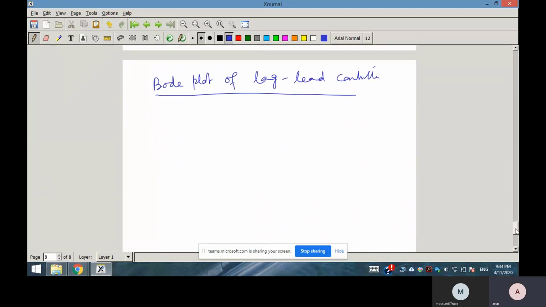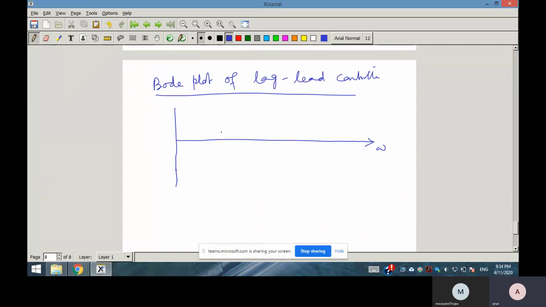If you see here, with the parameter ranges we have assumed, the dB curve will look like this.